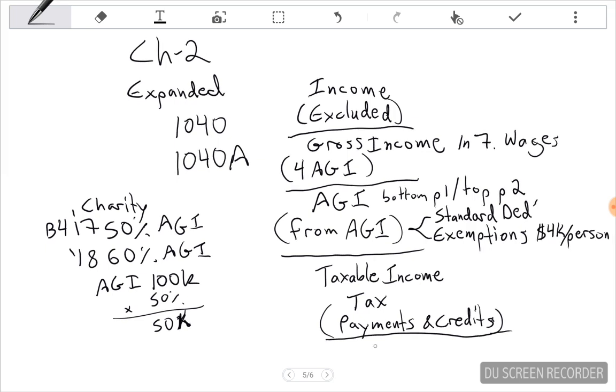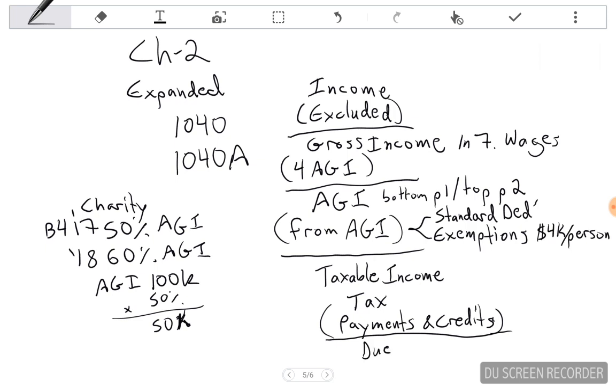And that will give you your tax due or a refund that's due to you. So tax due means it's a positive number, so we need to write the IRS a check now. And if it comes out as a negative number, since in essence the payments and credits are more than the actual tax that was calculated, then you get a refund.